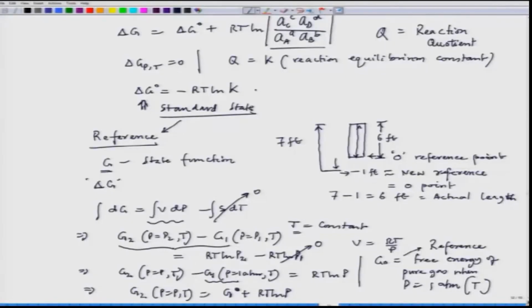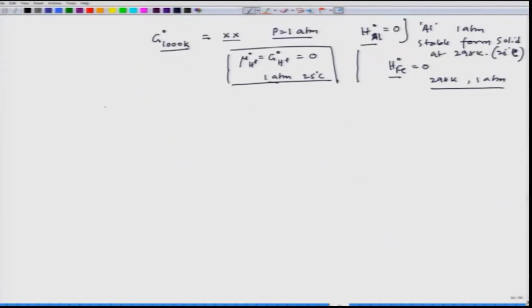Now, coming back to this quantity, we have taken delta G 0 equal to minus RT ln K, where K is the equilibrium constant, the relation between equilibrium constant and free energy change at standard condition. We also saw another relation, delta G 0 equal to minus nF E. Now, this delta G, we have not specified whether it is a standard state or not.